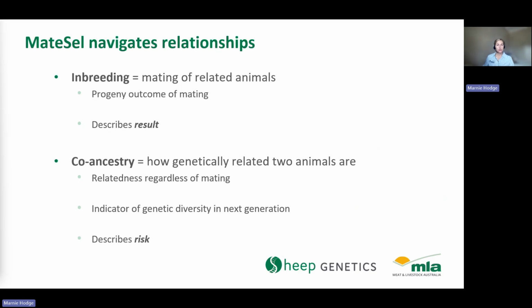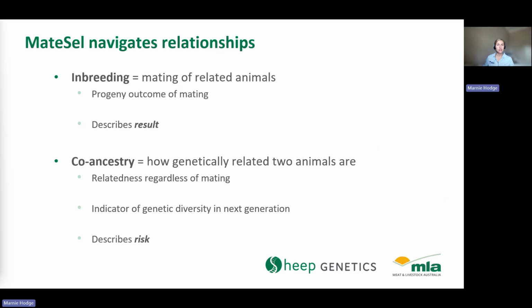To understand these two principles that MateSel looks at, we need to understand what inbreeding and co-ancestry are first. Inbreeding is looking at the mating of related individuals and animals. It is the actual progeny outcome of that particular mating, and inbreeding describes the result.